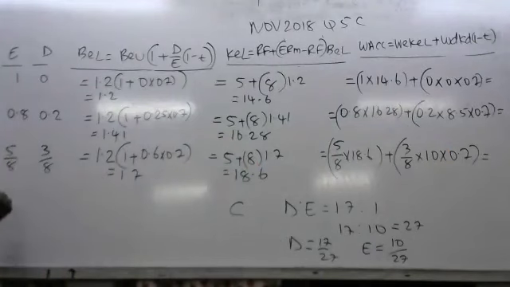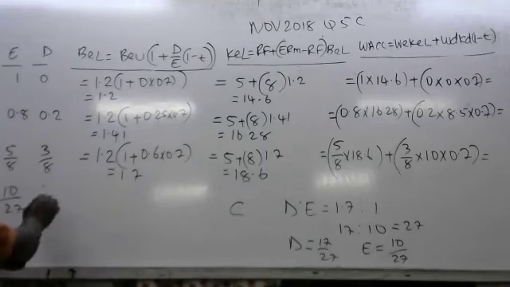So when it comes to this point, we have 10 divided by 27. Also, you can have 17 divided by 27, like that.